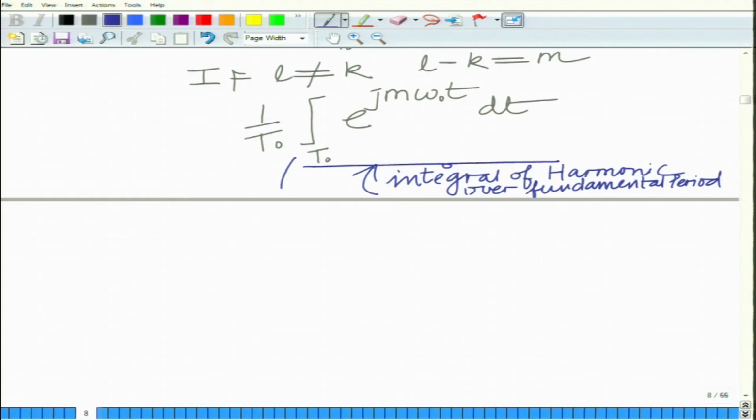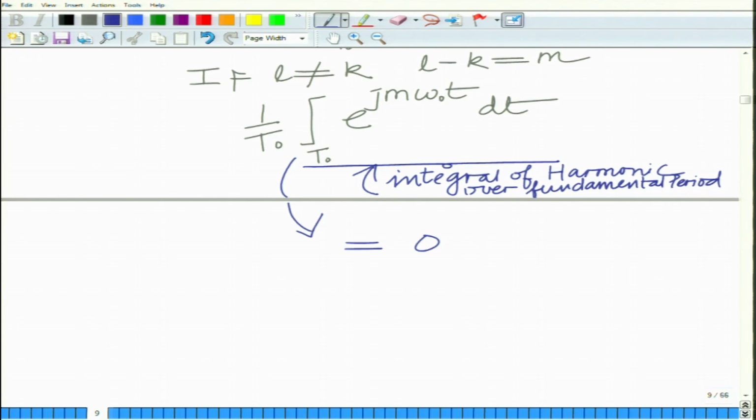So when you integrate this complex sinusoid over one fundamental period, the integral vanishes. It is like taking a sinusoid and integrating over a multiple of its period, the integral vanishes. Therefore, this integral is 0 if L not equal to k.